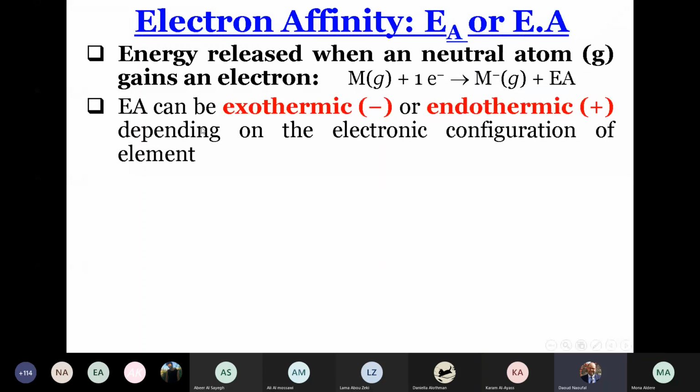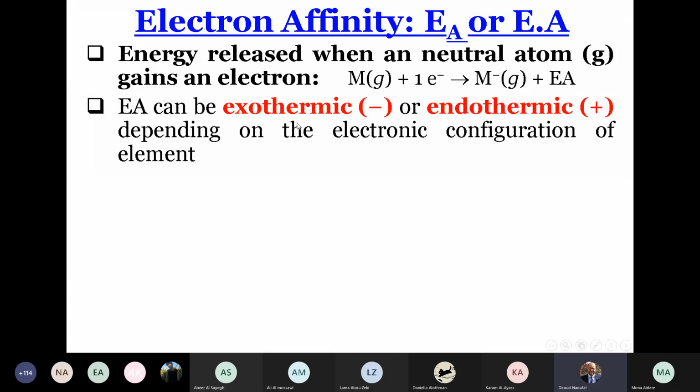So the electron affinity can be exothermic if the electron finds directly its place. For example, in the case of sulfur, the electron configuration ends with s2p4. So p can receive another 2 electrons. If the electron is added, it will find directly its place in p4.